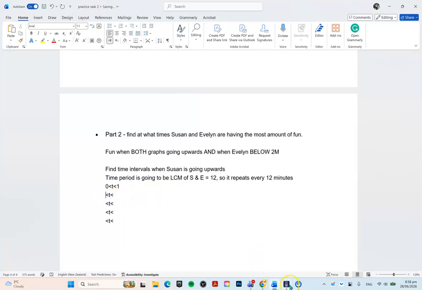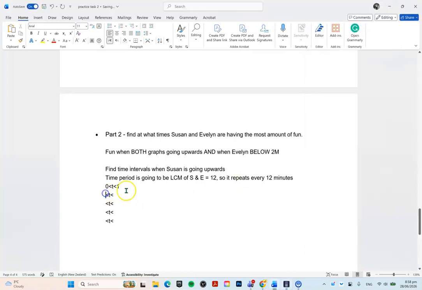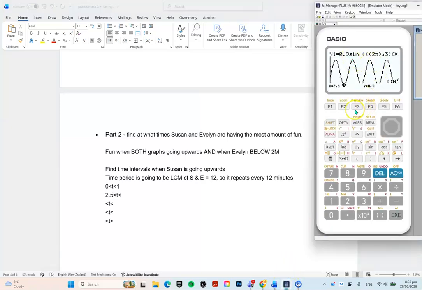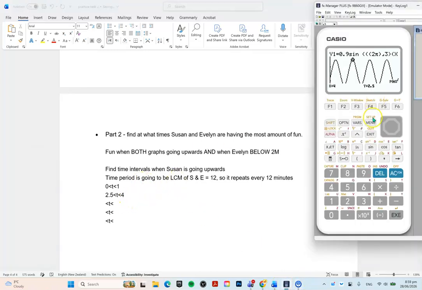And then the next one is just going to be from the minimum to the maximum. So we go G-solve min, 2.5. So 2.5 to the next maximum, which is going to be, you go here to get to the next one, 4. And you might be able to notice a pattern soon after I keep doing this.